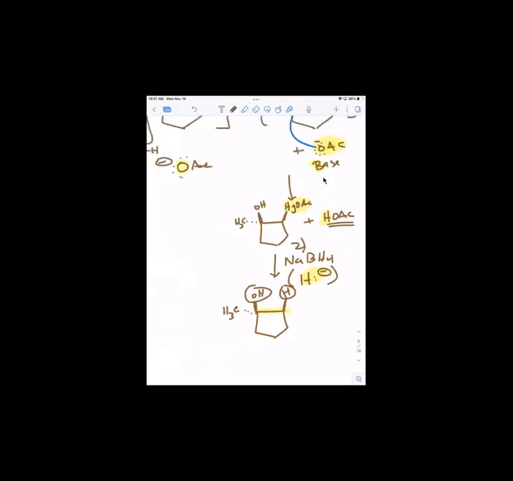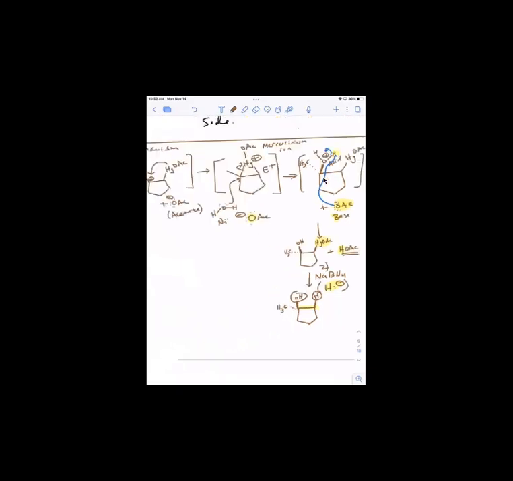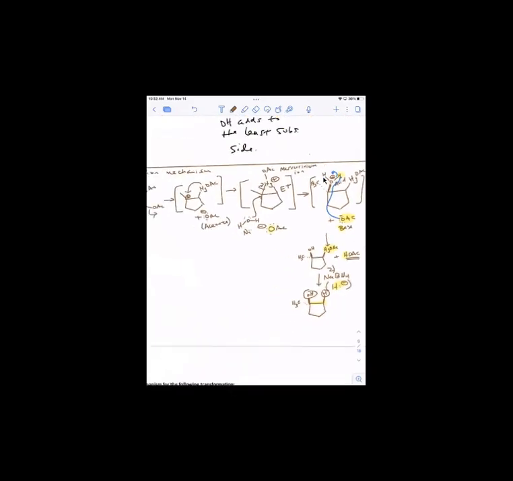So again, it's the same. It's added H, add OH. OH goes to the more substituted side. H goes to the least substituted side. That's the oversimplified version, but the mechanism itself is a little bit more complicated.